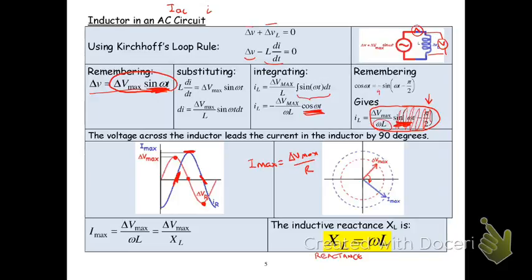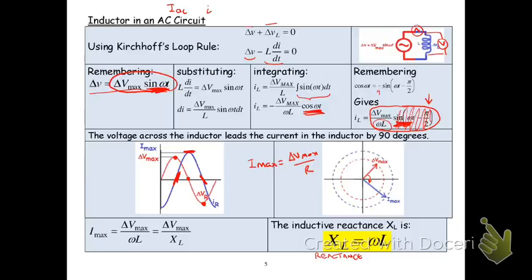What can you tell me about how the inductive reactance, the resistance to the flow of current through an inductor, changes with the frequency of the signal you're trying to put through the inductor?